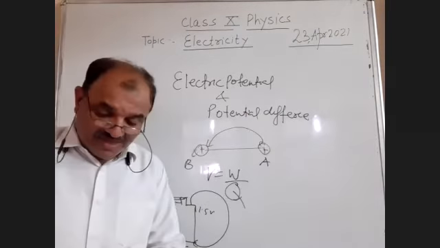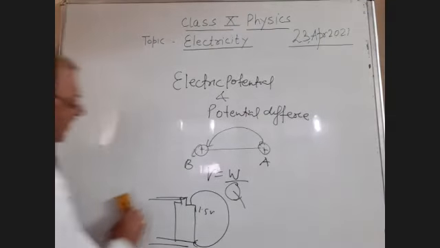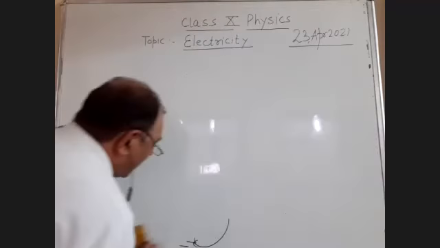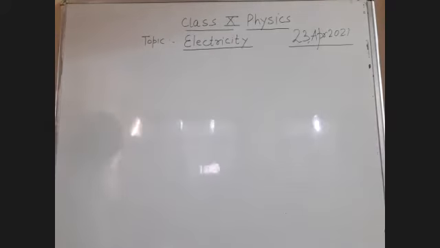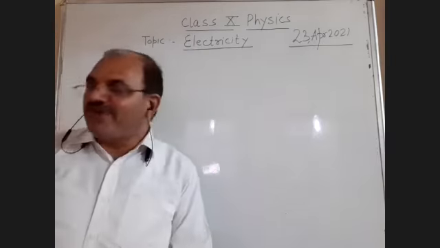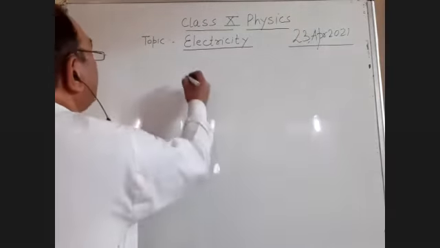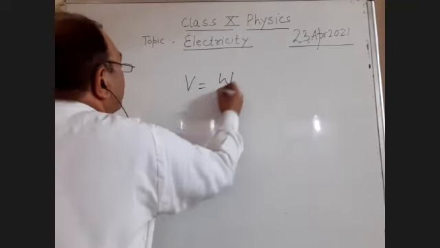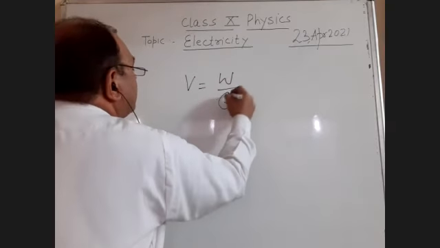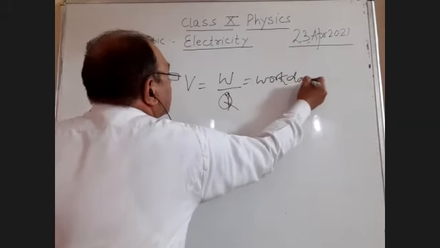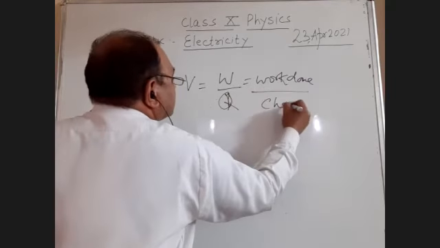So the definition of potential is the amount of work done in bringing the unit positive charge from one point to another point. That is called the potential. Means V is equal to W by Q. Here W is the work done and Q is the charge.